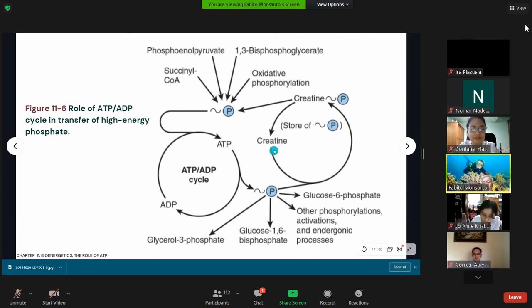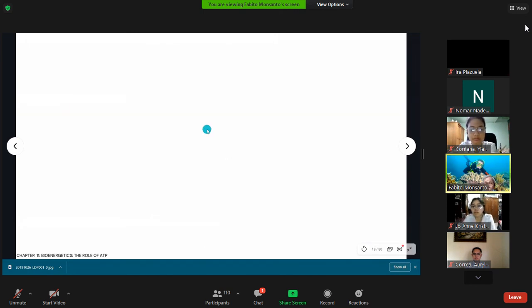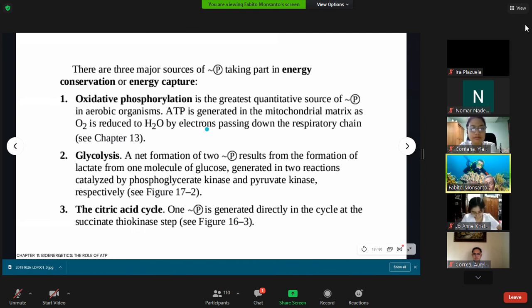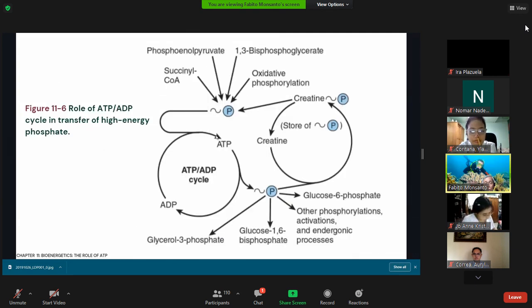So you remember this? Creatine phosphate. Diba? Phosphoenol pyruvate, 1,3-biphosphoglycerate, all produce high energy phosphate bonds. And they are utilized to add to ADP to become ATP. And this ATP is being used for phosphorylation reactions.